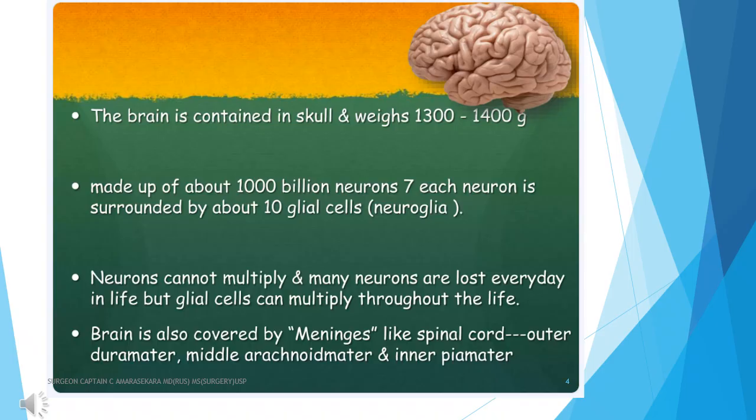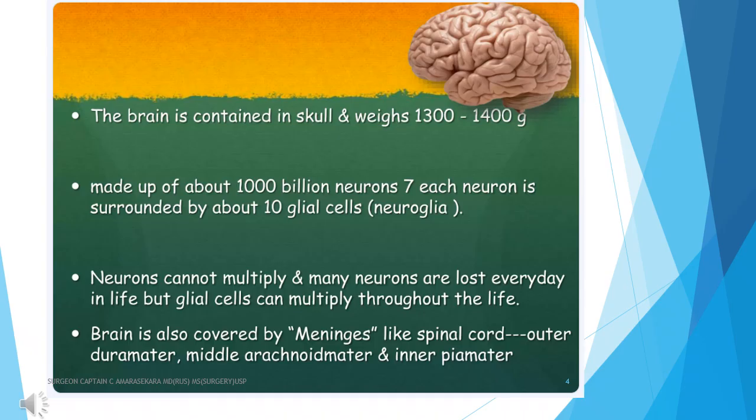Unlike glial cells, neurons do not divide. Once formed, they cannot regenerate through mitosis. This means that neuronal loss, whether due to aging, trauma, or disease, is often permanent.